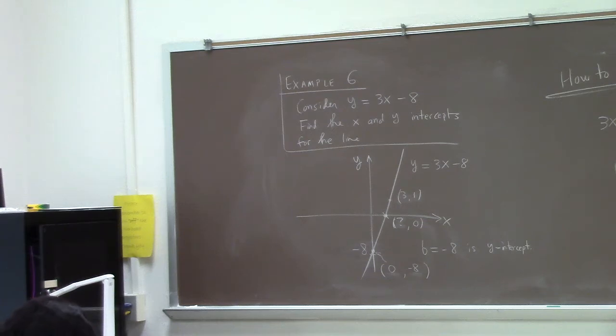So y minus y naught is equal to minus y naught over x naught times x. So I could write that as x naught times (y minus y naught) equals minus y naught x.